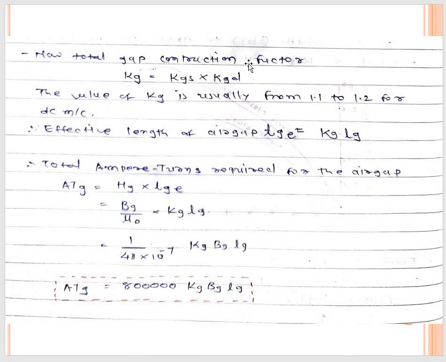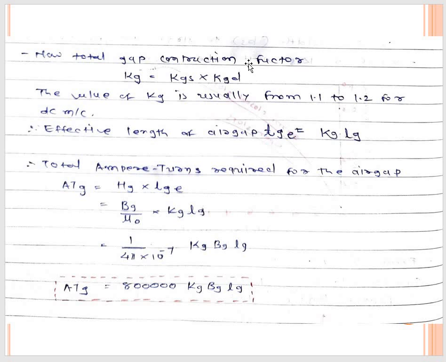Now the total gap contraction factor for the particular machine is given by Kg equal to Kgs into Kgd, where Kgs is the gap contraction factor for the slot and Kgd is the gap contraction factor for the duct. The value of Kg is usually from 1.1 to 1.2 for a DC machine.